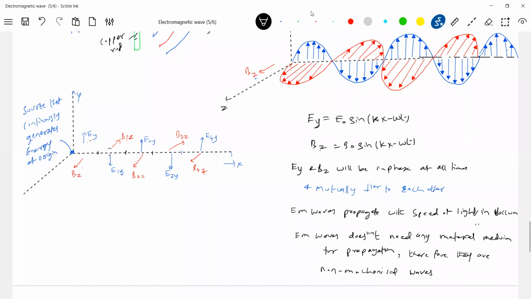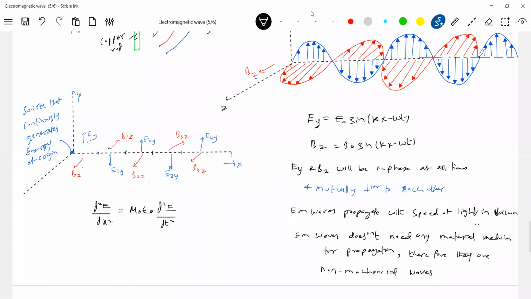Then we went for some wave equations. If I differentiate with respect to this, we will get a wave equation. So we will write the wave equation. Finally, d squared E by dx squared should be equal to mu naught epsilon naught d squared.